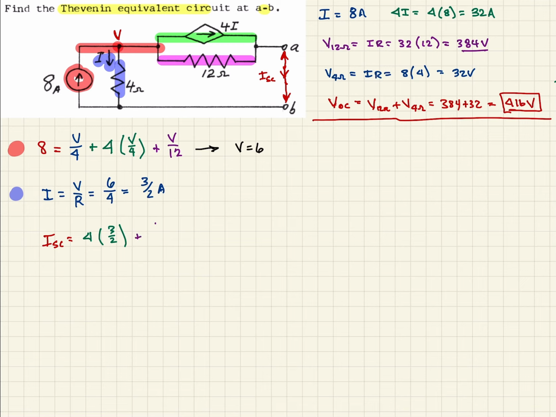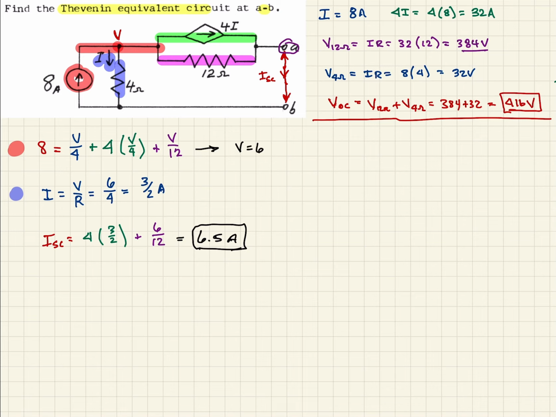So that's going to be 6 volts over 12 ohms, the purple part that we have highlighted above. And so that's the two currents that'll be flowing into this node here, which will define our short circuit current. When we calculate that out, this should equate to 6.5 amps. So that's our short circuit current.